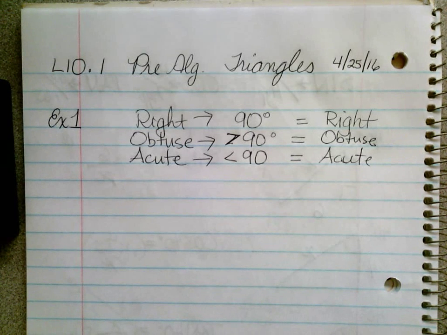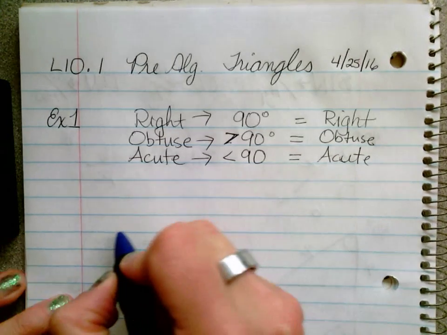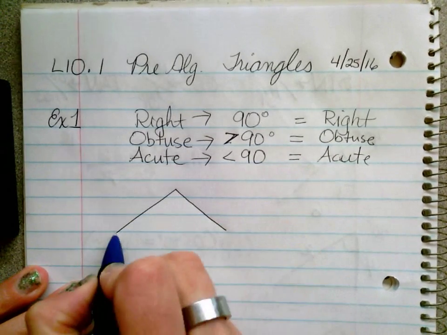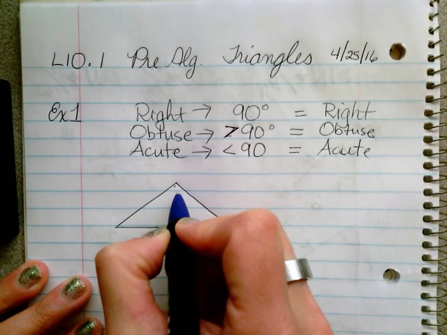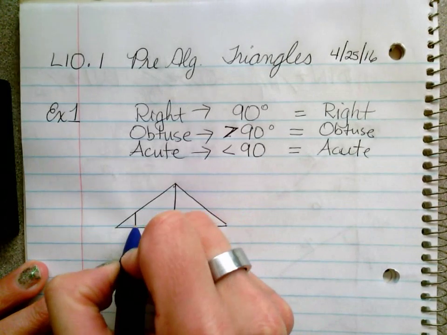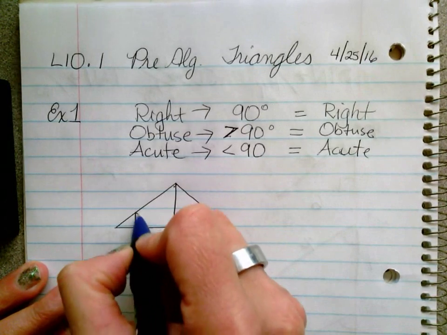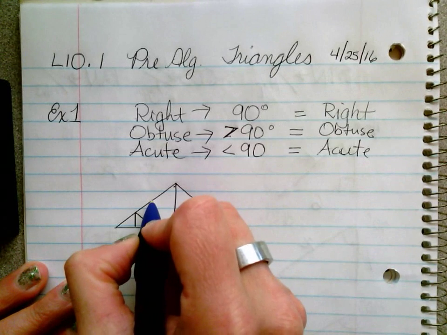Look at what they are giving you. Measure of angle DBE is 64 degrees. DBE, 64 degrees. So that is the triangle. So within the sketch, I'm going to just quickly sketch it. It reminds me of how many triangles you can find.